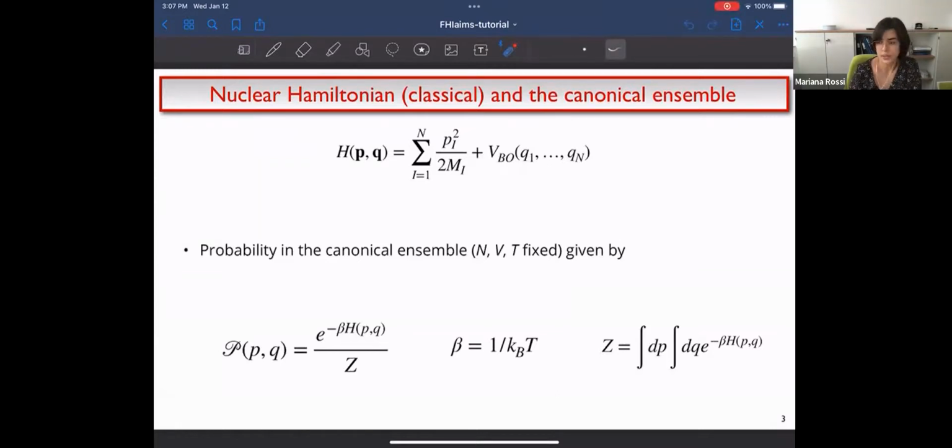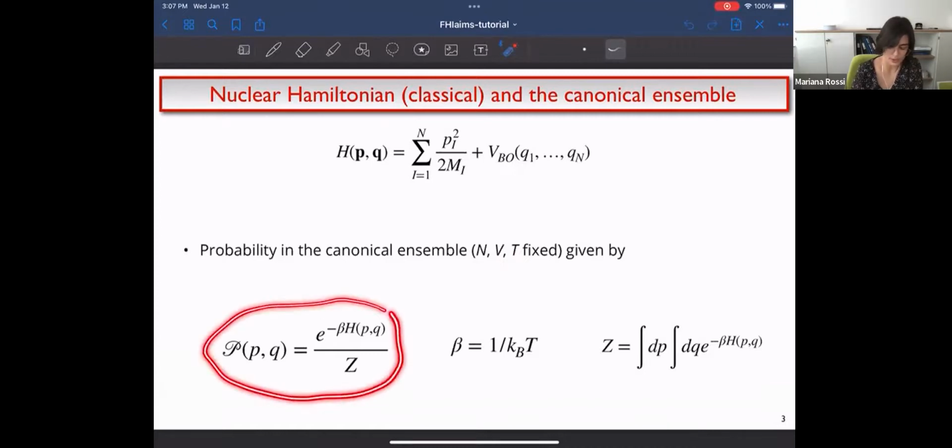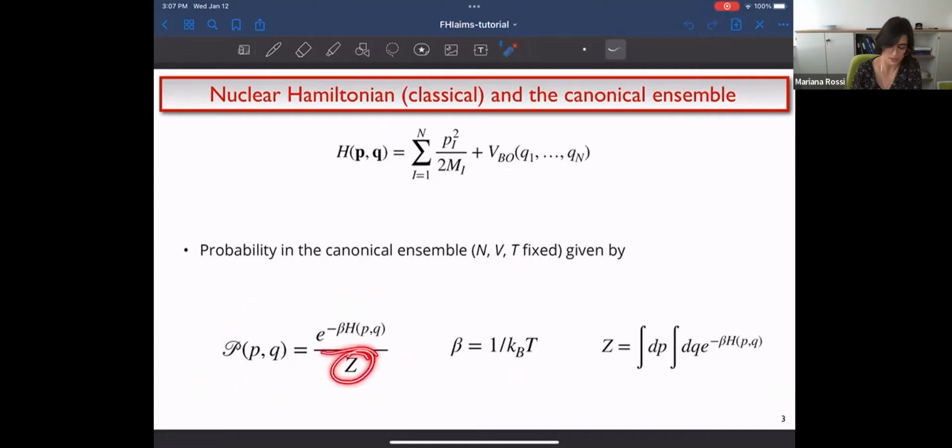So if you are in the canonical ensemble, for example, where the number of particles, volume, and temperature are held fixed, the probability distribution defined in this ensemble is given by e to the minus beta H, where beta is the inverse temperature, 1 over kBT, over the partition function Z, which in classical mechanics is nicely given by this integral over momentum and position of e to the minus beta times your Hamiltonian. And what you quickly realize is that in classical mechanics, position and momenta are not correlated.